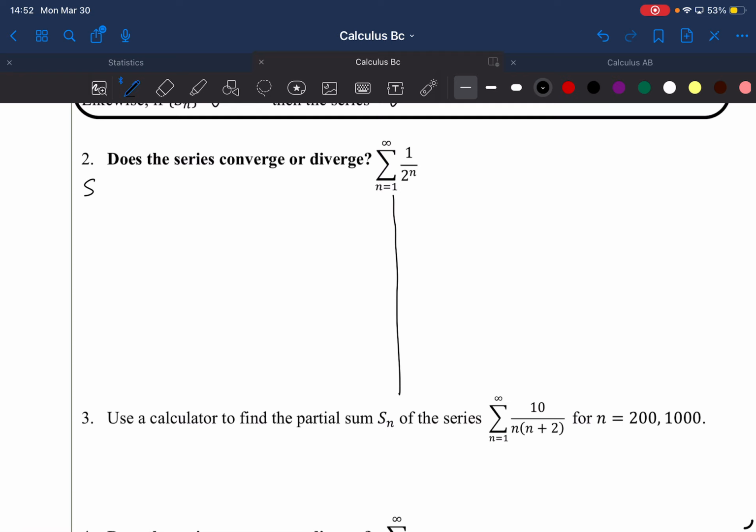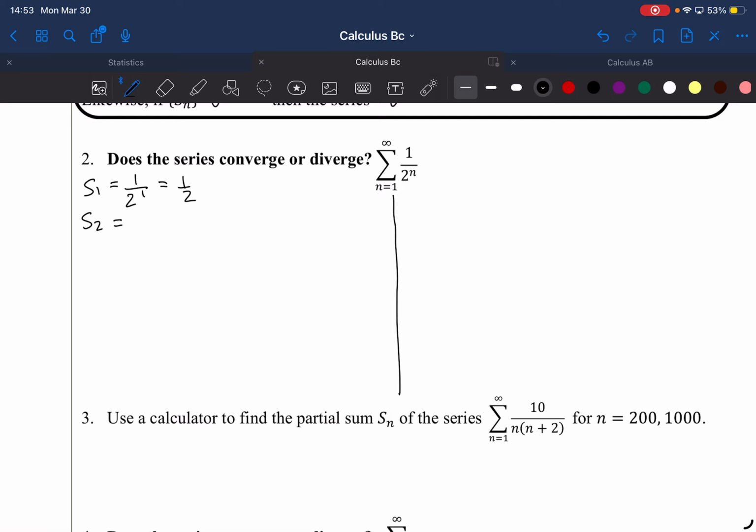So using the partial sum, I'm going to start with s sub 1, which means I'm going to plug in 1 into n. So this is 1 divided by 2 to the first power, which is 1/2. Okay, and we typically do this for at least the first 4 or 5 summations. So I'm going to do S2.